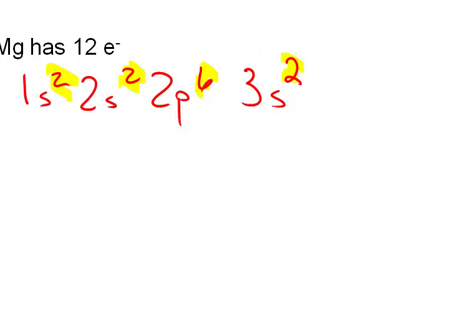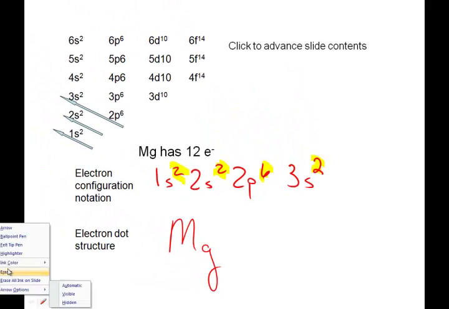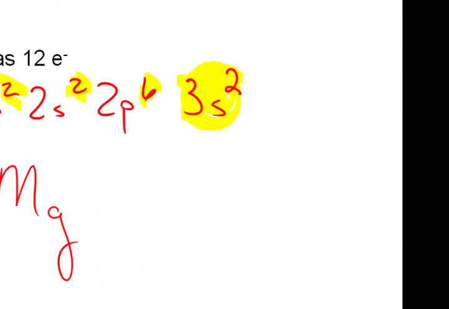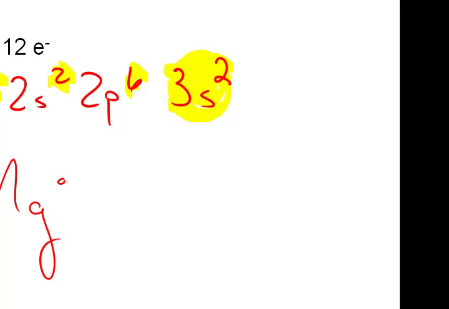I got it right this time. And so our electron dot structure is going to have how many electrons? Well, the electron dot structure is only going to have the electrons from this highest energy level, so it's only going to have those 2 electrons, and they would be paired together in an orbital, and we would draw them like this.